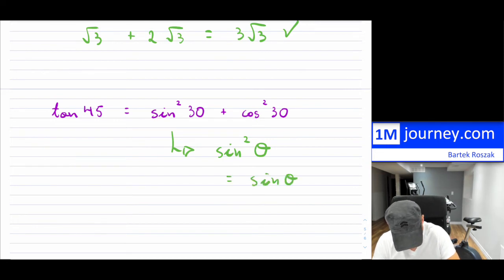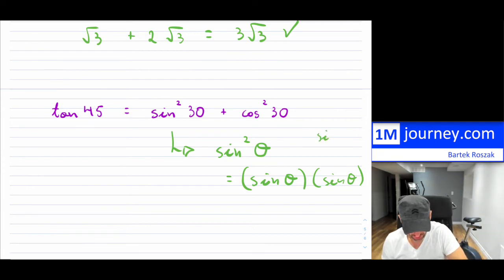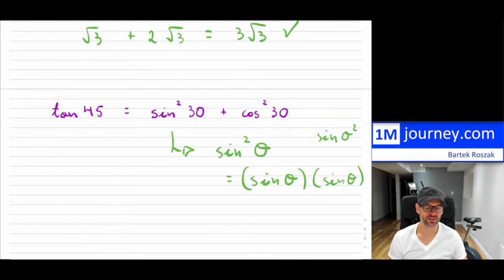So this means sine theta times sine theta. We don't write the square at the end, because when we do exponents we would typically write them at the end, but then sometimes there is confusion, and people think, are you squaring the angle? So we typically write the square right after: sine squared or cosine squared, and then we write the angle. That's what it means.